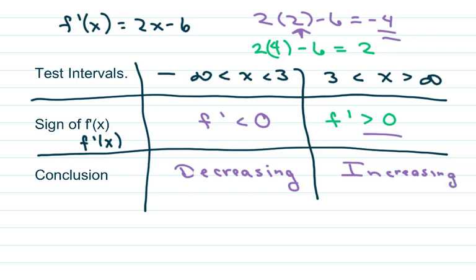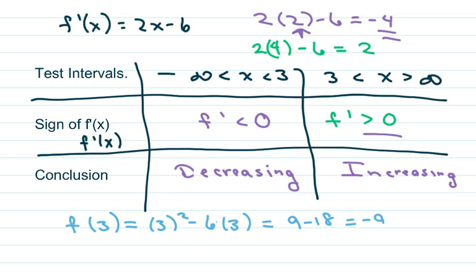And since my critical number was 3, I plug in 3 into my original equation: 3 squared minus 6 times 3, and that's going to give you 9 minus 18, which equals negative 9.